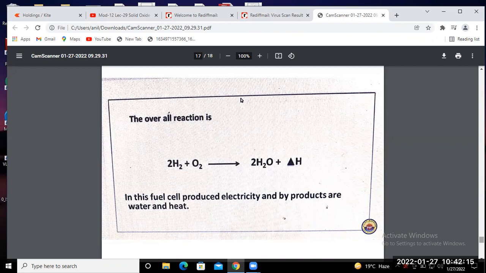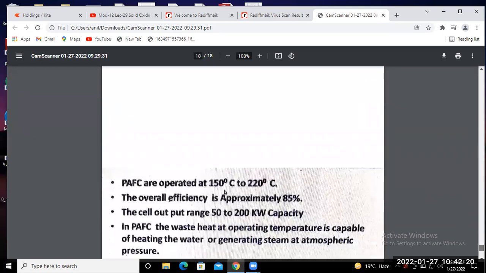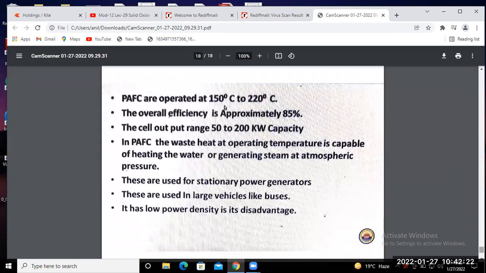The phosphoric acid fuel cell operates at 150 to 200 degrees Celsius, and the overall efficiency is approximately 85%, more compared to the previous alkaline fuel cell.